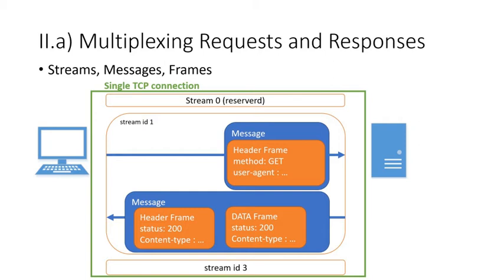Frames from different streams may be interleaved and then reassembled via the embedded stream identifier in the header of each frame. In short, we can say that H2 breaks down the HTTP protocol communication into an exchange of binary encoded frames, which are then mapped to messages that belong to a particular stream, and all of which are multiplexed within a single TCP connection.